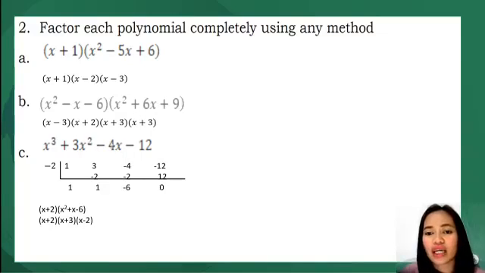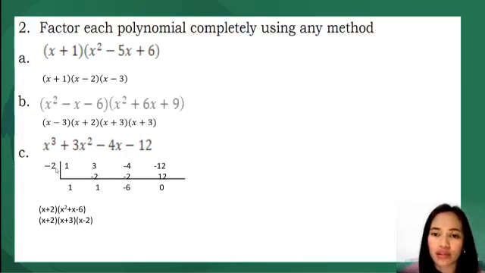For letter C, we use synthetic division. Write the numerical coefficients 1, 3, negative 4, negative 12. Then you think of the divisor. The divisor that I took is x plus 2. Set x plus 2 equal to 0, therefore x is equal to negative 2.